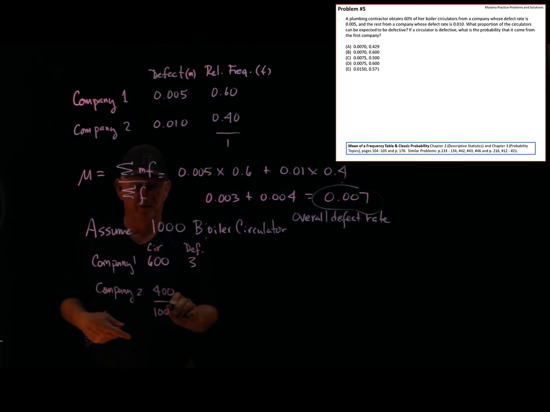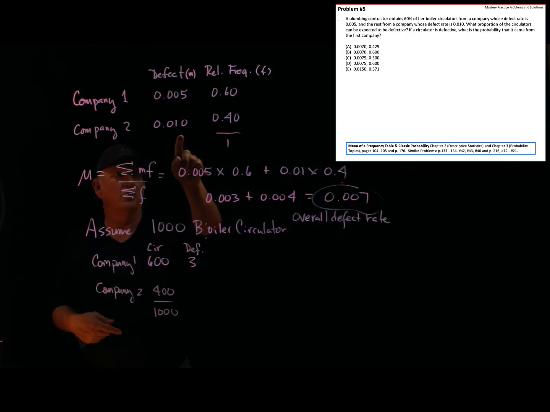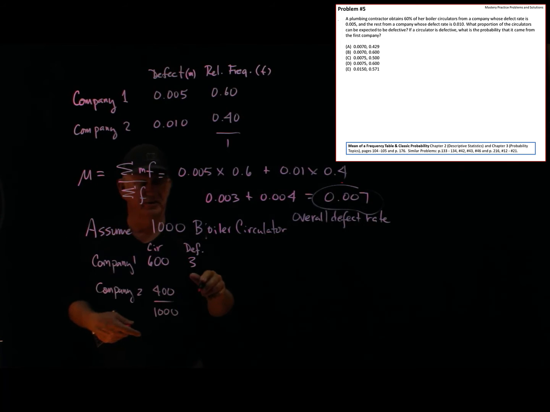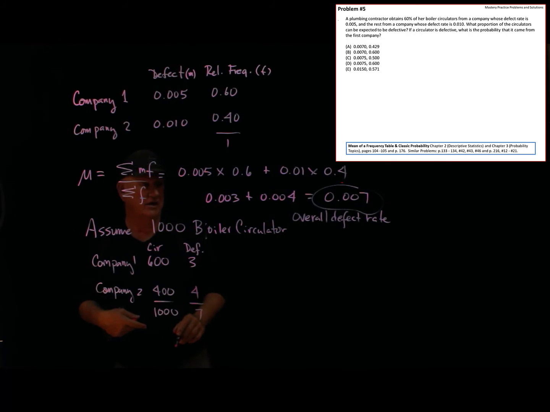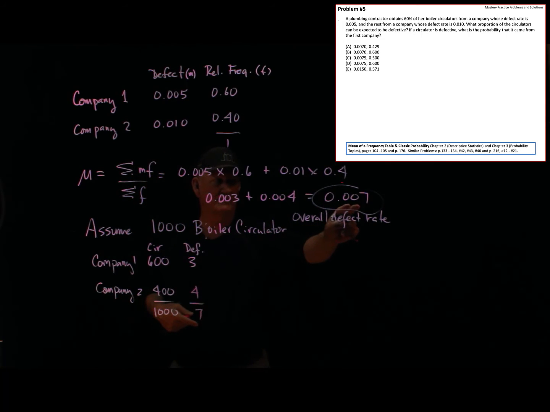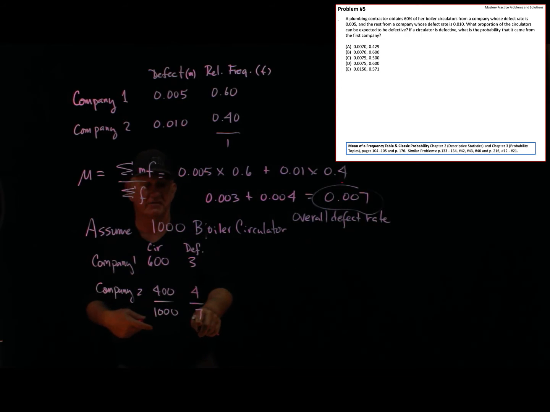There's the total 1,000 circulators. And of those, 0.01 times 400, or 4, are defective. So if that's the case, consistent with this, there are 7 defective in total out of these 1,000.